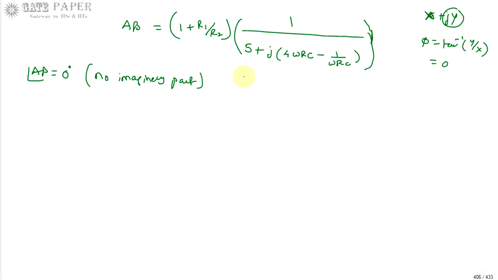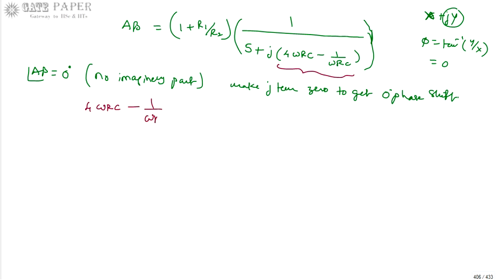So make the j term, that is the imaginary term, 0 to get 0 degrees phase shift. First condition. What is the j term? The imaginary term is 4 omega RC minus 1 by omega RC equal to 0. If you make this zero, then definitely A beta is a real value, and a real value means 0 degrees phase shift.